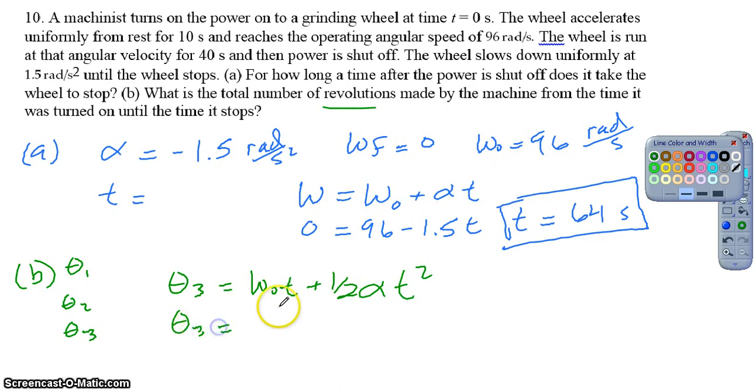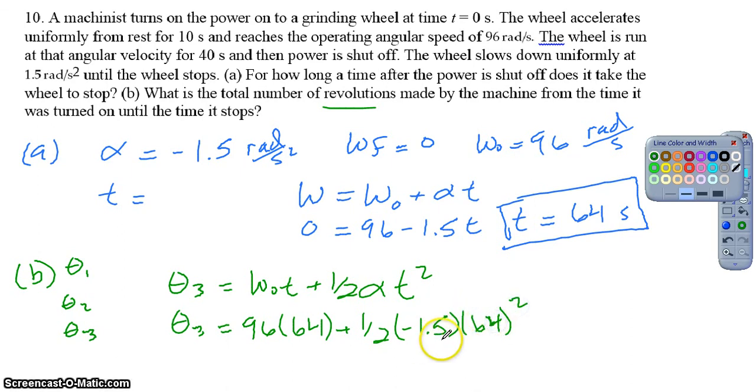Okay, so that third theta would be my initial velocity of 96 times the time of 64 seconds plus 1/2 times negative 1.5 times 64 squared. And obviously it is very important here that we make sure the acceleration is negative so that we get the appropriate answer. So if I solve for that, I should get about 3072.